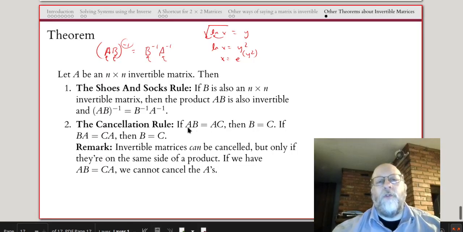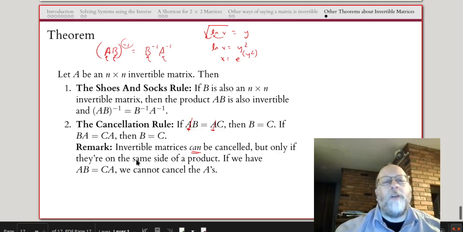The cancellation rule. In the past, we've mentioned that you cannot cancel matrices, but invertible matrices can be canceled. If I have AB equals AC, then I can cancel A by multiplying by the inverse of it. But they only cancel if they're on the same side. I can cancel the A's in AB and AC.